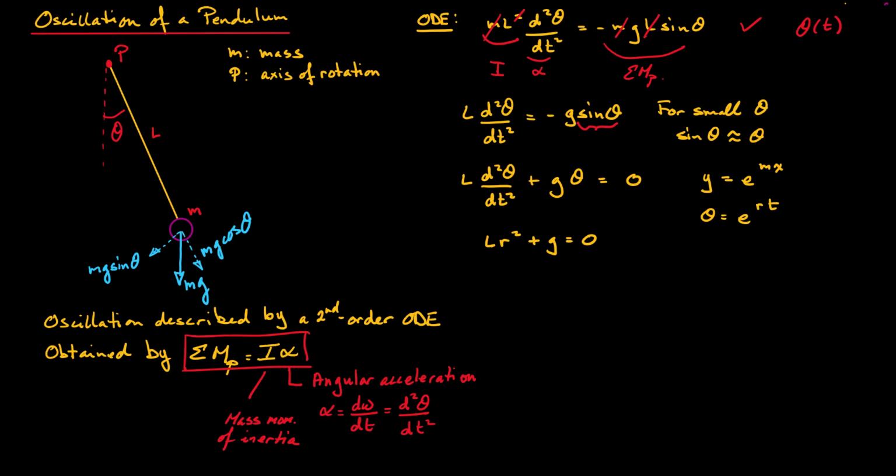So solving for r, we find that r is equal to plus or minus i multiplied by the square root of g over L. So recall that this is the third case that we looked at for our characteristic equation, where we have complex roots.